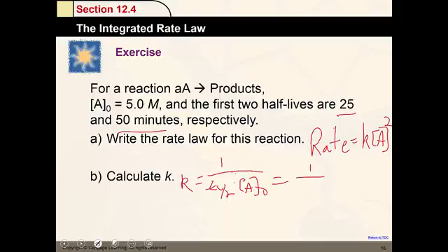So we know the first half-life here is 25 minutes, and the concentration at time 0 is 5 molar.